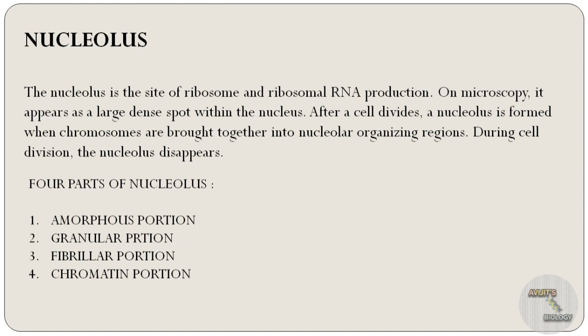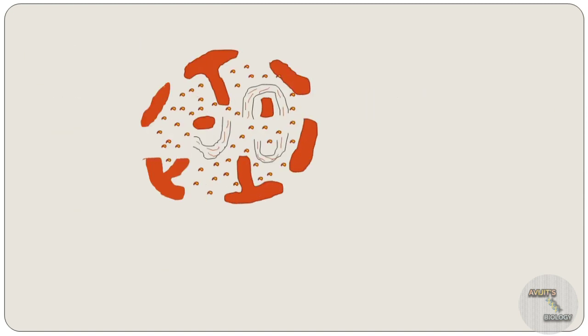Nucleolus is made up of four components, and they are the amorphous portion, the granular portion, the fibrillar portion, and the chromatin portion. This is the structure of a nucleolus, where this is the RNA fiber and this is the granular portion, which consists of numerous granules.